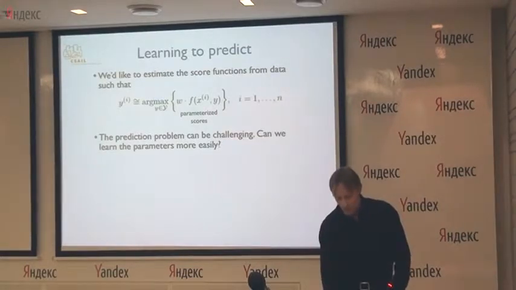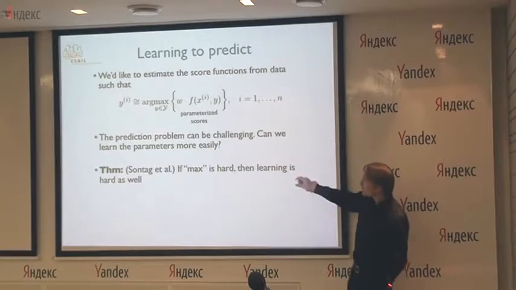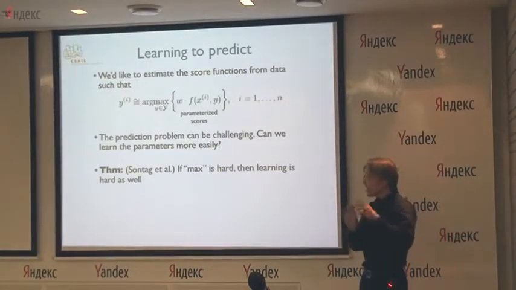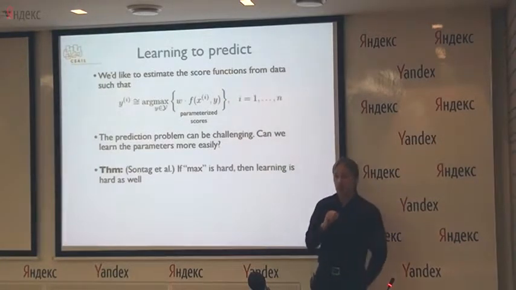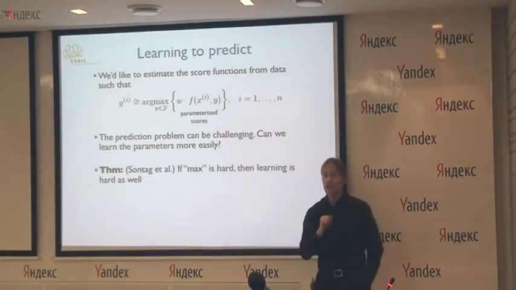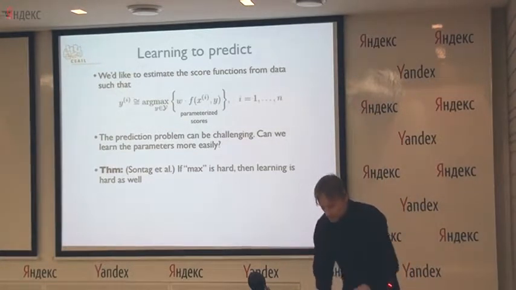Unfortunately, in general, the answer is no. So if the prediction problem is hard, then the learning problem is hard as well. More precisely, this refers to a decision problem: for a set of training examples, whether there exists a parameter value W that would correctly map the training examples to the corresponding targets. And that problem is hard.